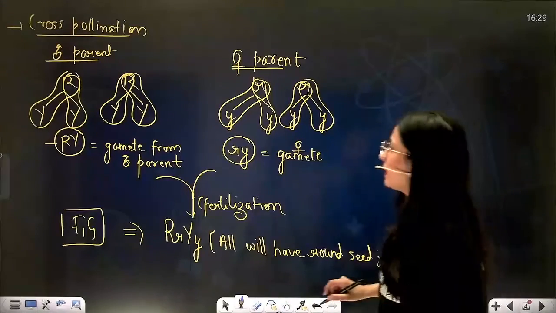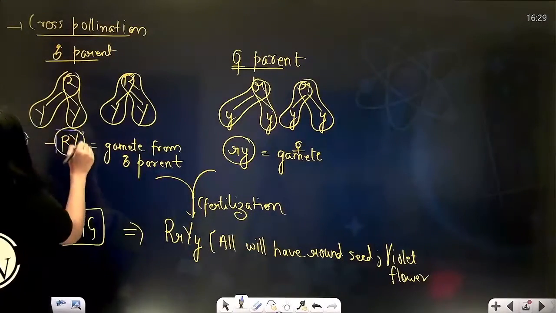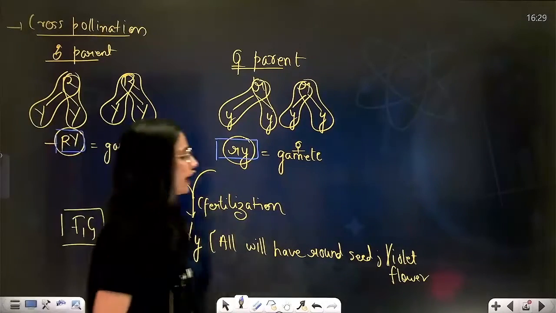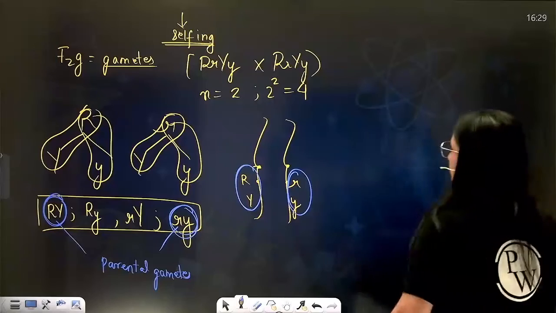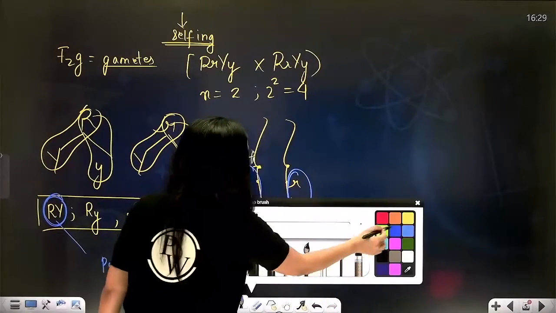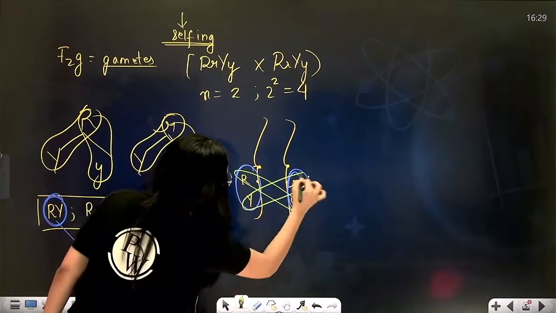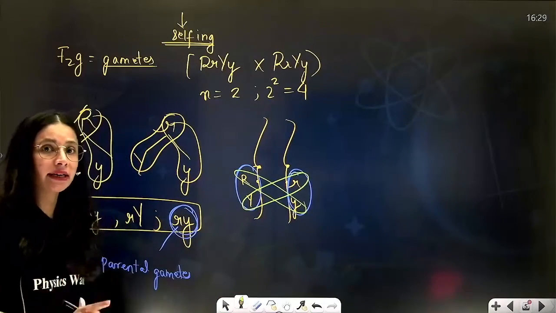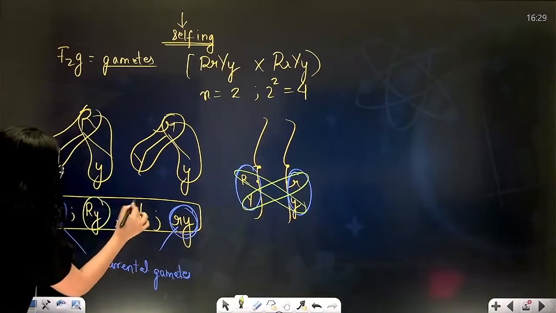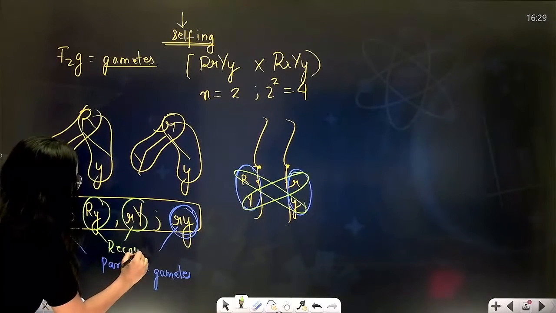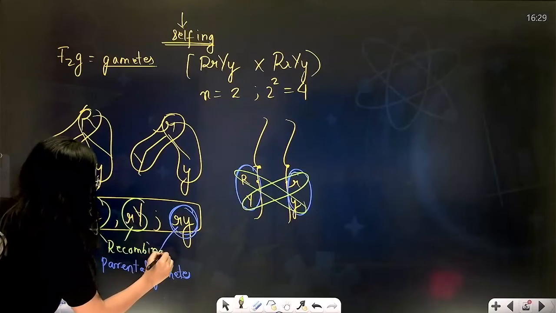Just check the parental gametes. So these are the parental gametes. However, the other 2 gametes which we obtained are due to crossing over, due to exchange of genetic material. So these 2 are called recombinant gametes.